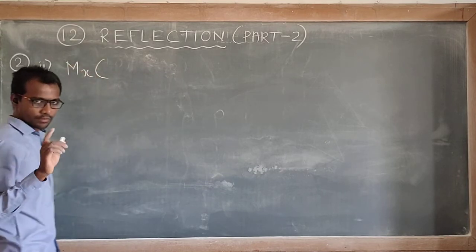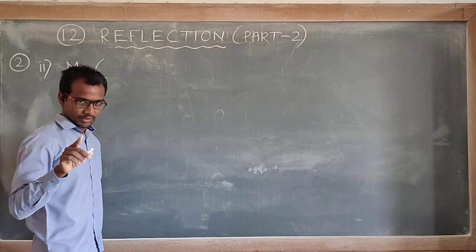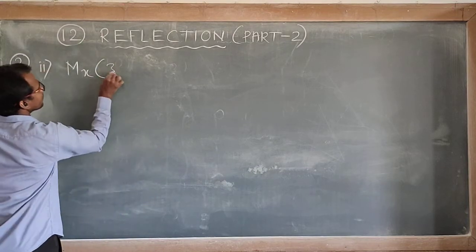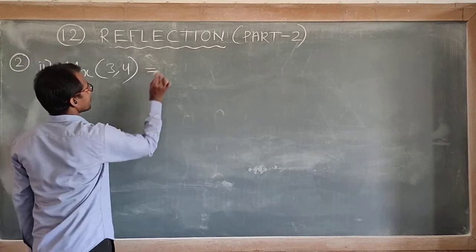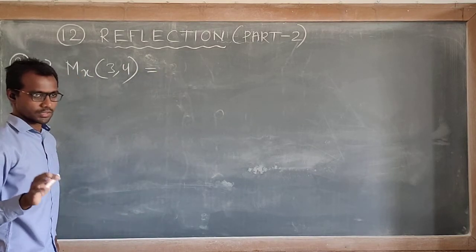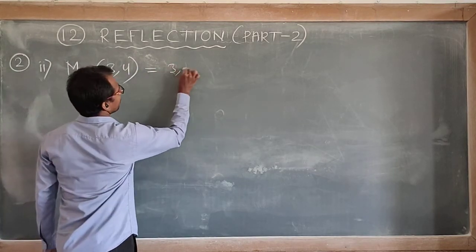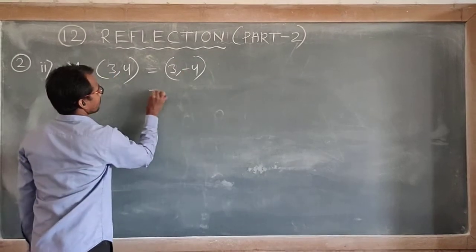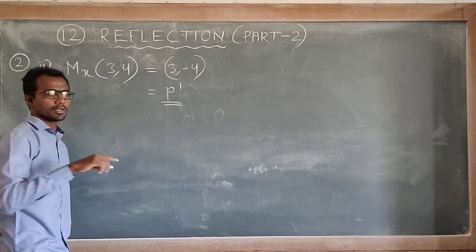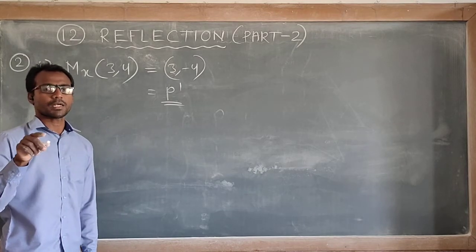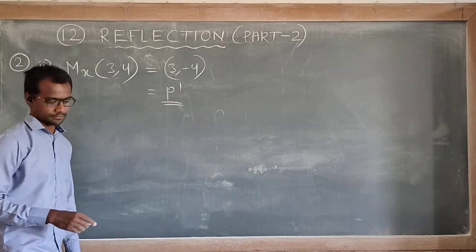So we are going to reflect the point P, whose coordinates are 3, 4, in the x-axis. So the y coordinate will change. P' is (3, -4). This is the image of P when the point P is reflected in the line L1 or x-axis.